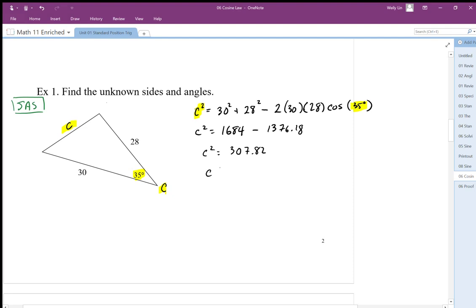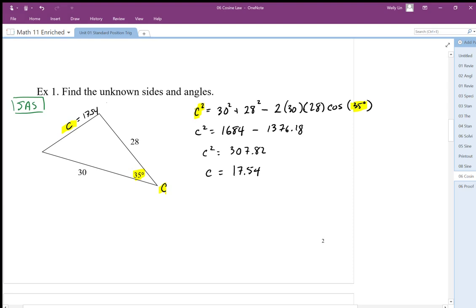Then solving for side C, I take the square root of 307.82, which gives me 17.54. Based on rounding there could be some inaccuracy, but that's close enough.